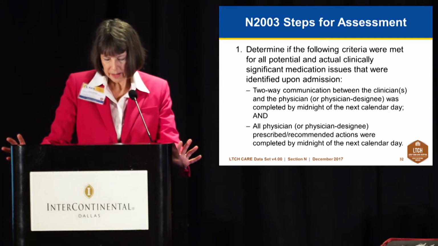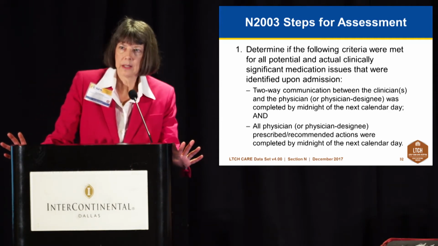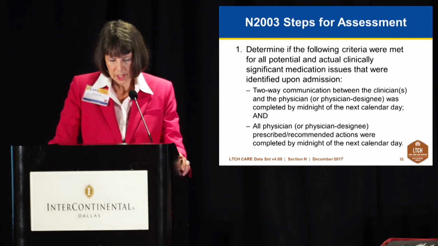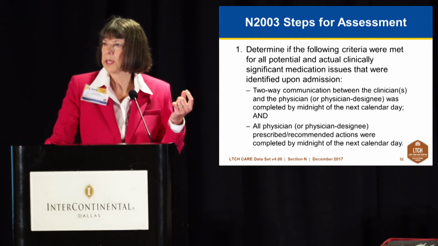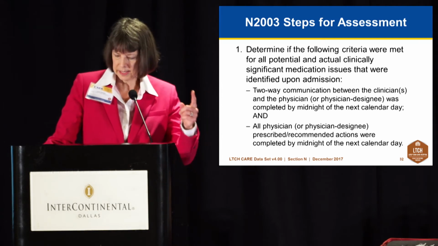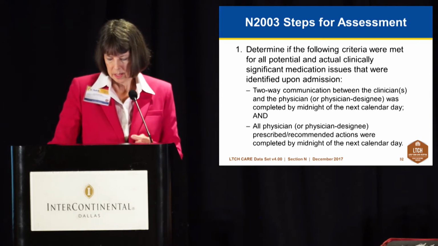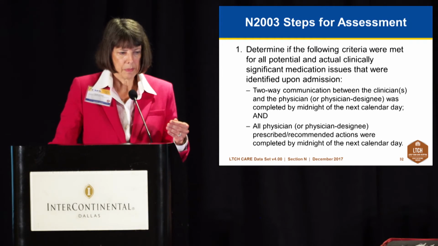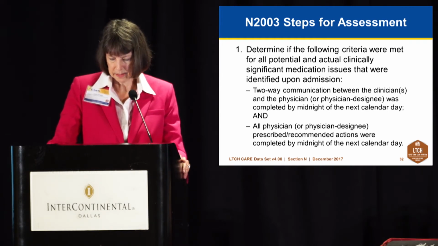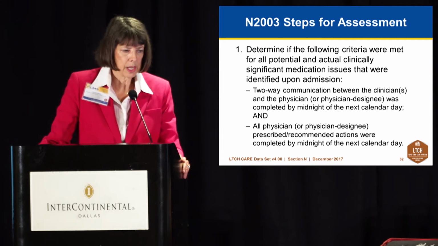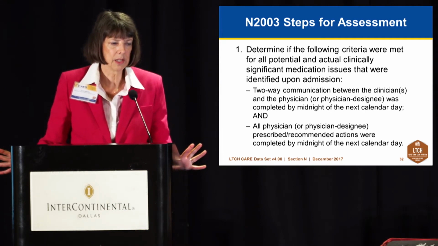After you have identified one or more potential clinically significant medication issues, you'll go to item N2003 and you will determine if all of the necessary steps were taken for the follow-up for this patient by doing what was asked in terms of this two-way communication between the clinician and the physician.